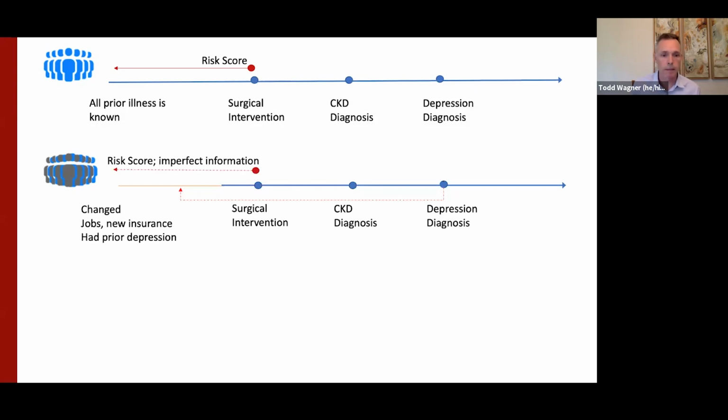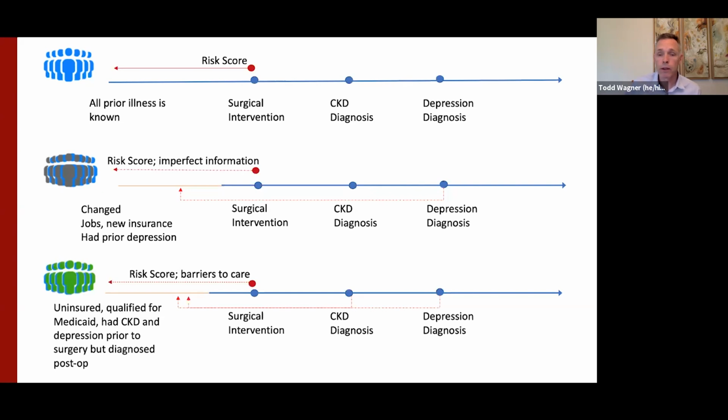It's very hard to see perfect information on the insurance information. The other one that we're thinking about more recently is the idea of structural barriers to care. In this case, we'd have something like a CKD diagnosis and depression diagnosis. Maybe the person has struggled to access care for a variety of reasons. They've had these things, but the diagnosis in the data just comes after the surgical intervention.